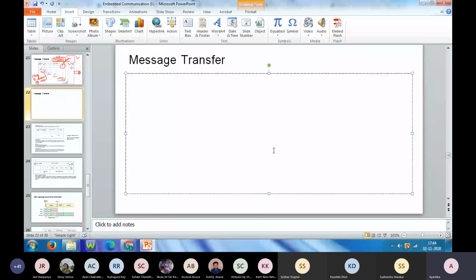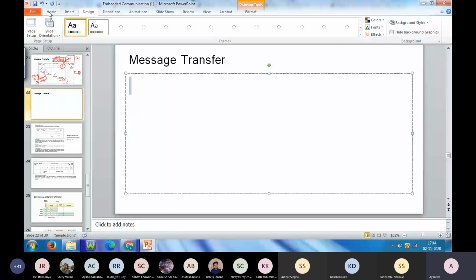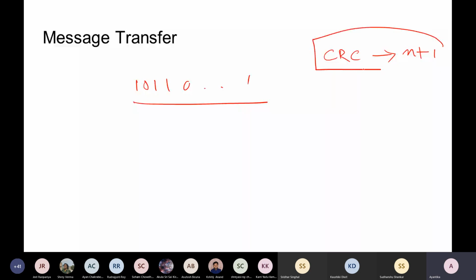Here, you are sending a value like 101100 or something like this, and you have one CRC polynomial that is n plus 1 bits.